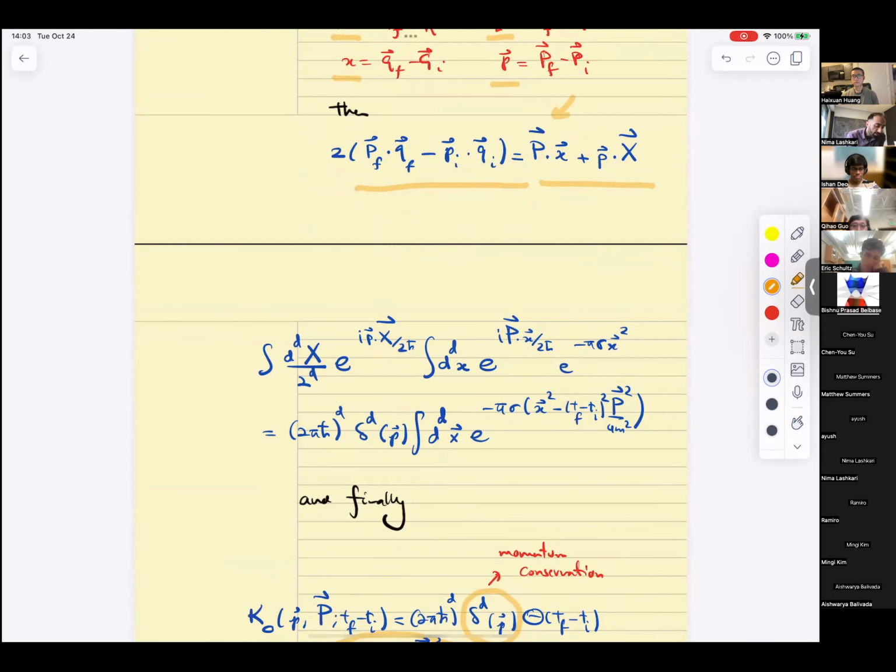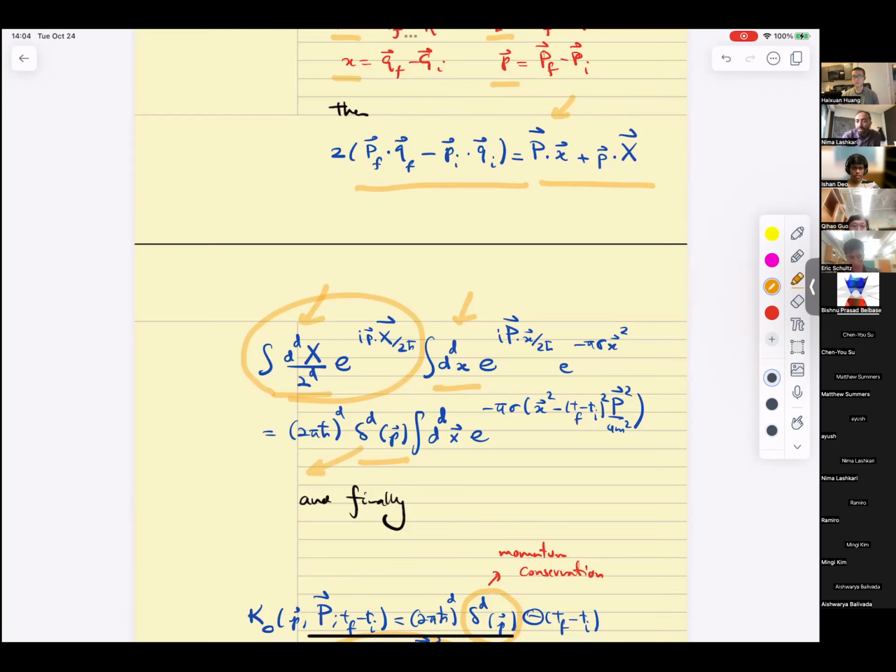So now you have to do two integrals. One of them is over the sum or average of positions. The other one is over the difference of positions, right? The one that's over the sum will give a delta function. Delta function over what? Over the difference of the final and initial momentum. Does that have a name in physics? It's called conservation of momentum.